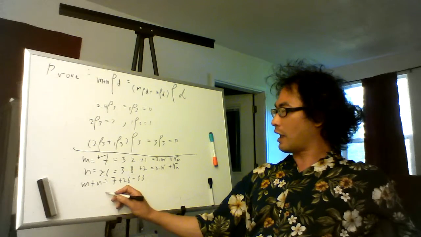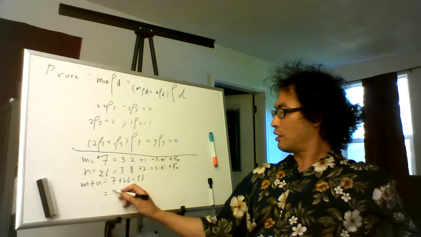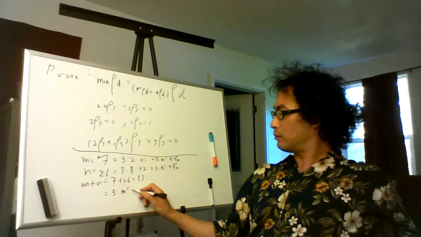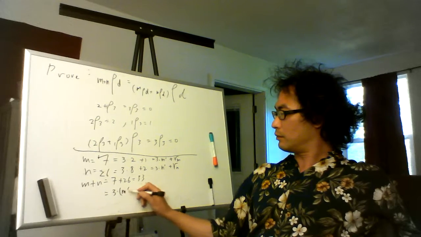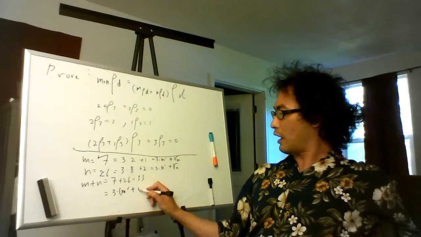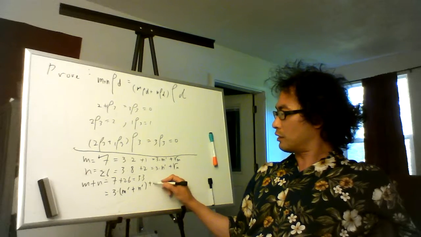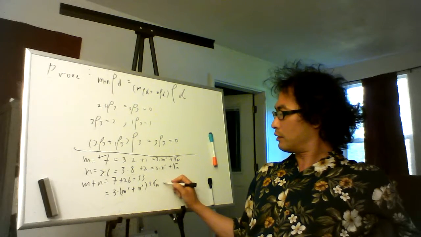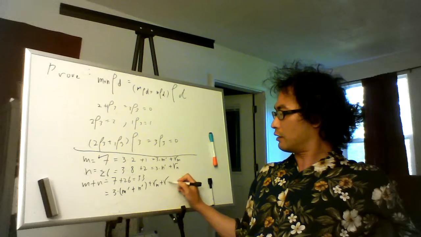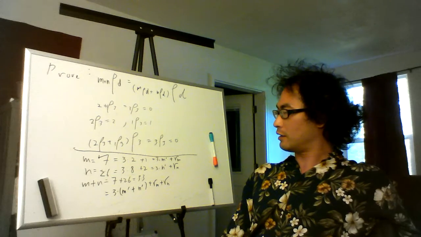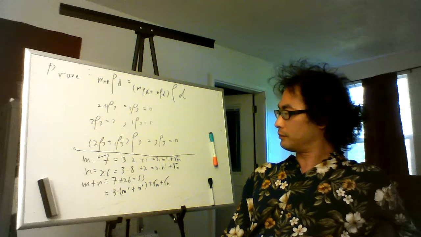So m plus n is equal to 3 times (m prime plus n prime) plus Rm plus Rn, each of which is less than 3.